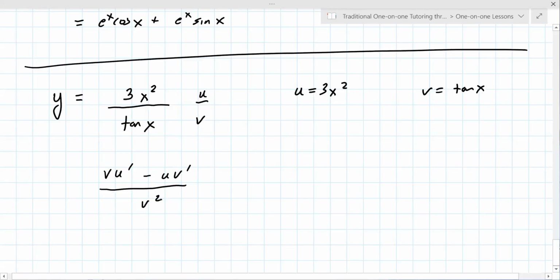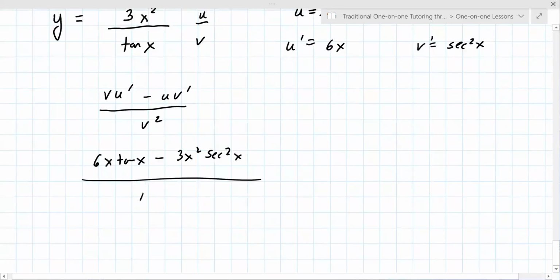So it's 3 tan x times 6x minus 3x squared secant squared x, all over tan squared x. Now on the more sophisticated quotient rule ones, you end up having to do a lot of simplification.